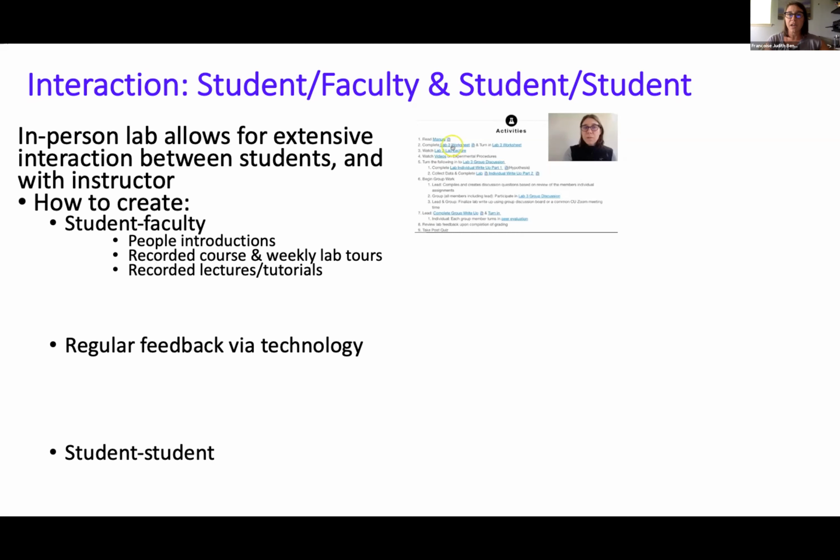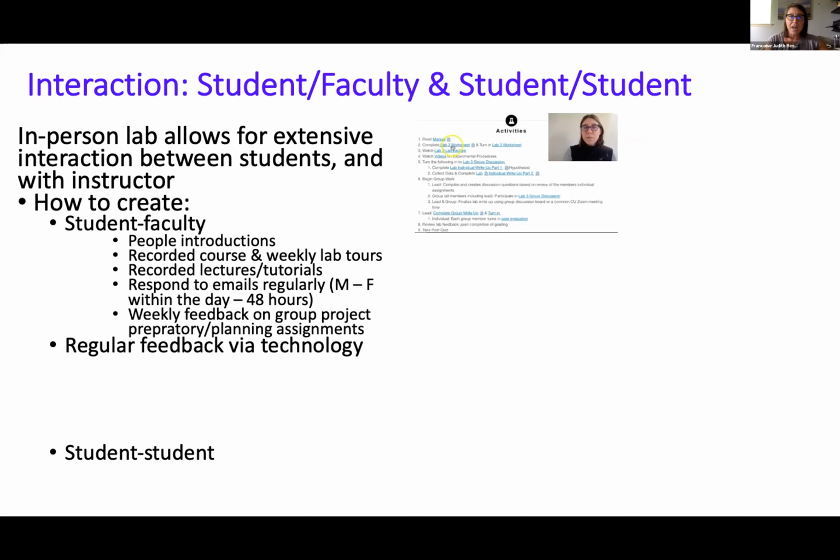And weekly, the faculty member created lab lectures and tutorials, so the students had the faculty voice there, as well as being available regularly by email, Monday through Friday, trying to get back within the day, but required within 48 hours. And then for the group project, we coordinated planning such that students had regular feedback as they prepared their presentation over the course of that time period.